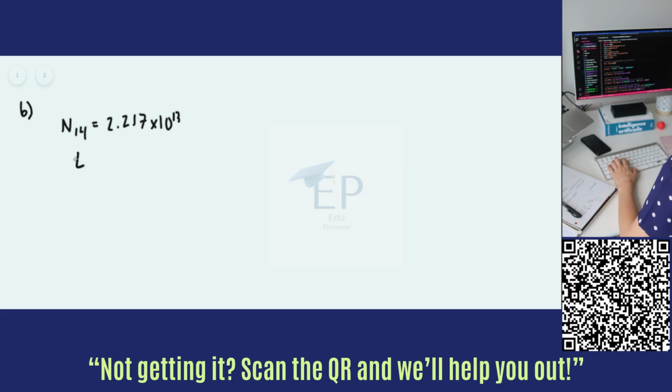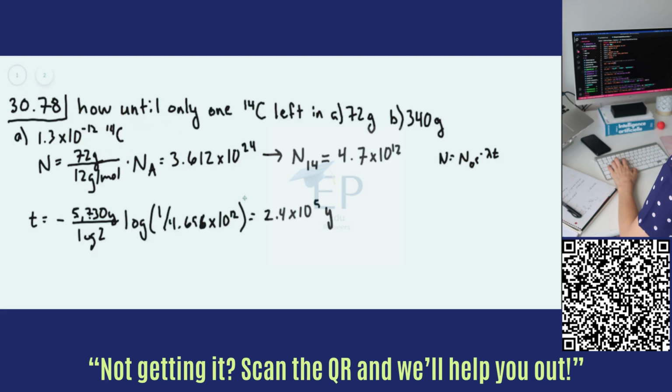And then the amount of time this takes in the calculation is exactly the same as before. And you'll notice something here, which is it takes almost an indistinguishable amount of time, 2.5 times 10 to the 5th years versus 2.4 times 10 to the 5th years.